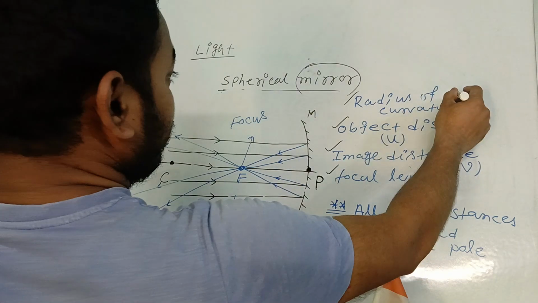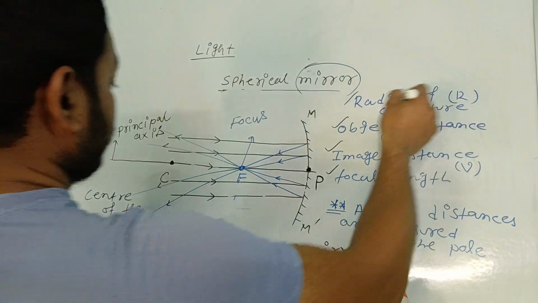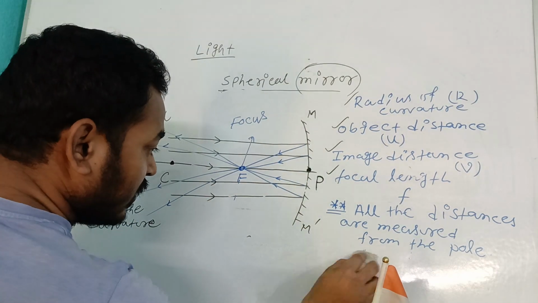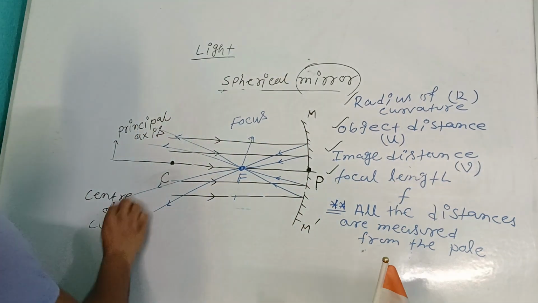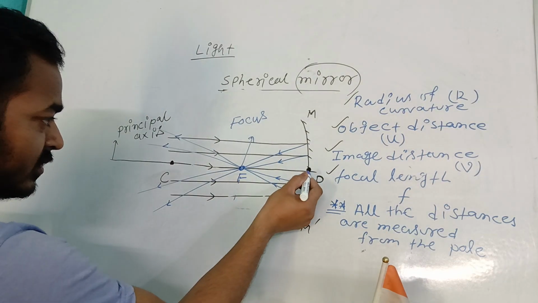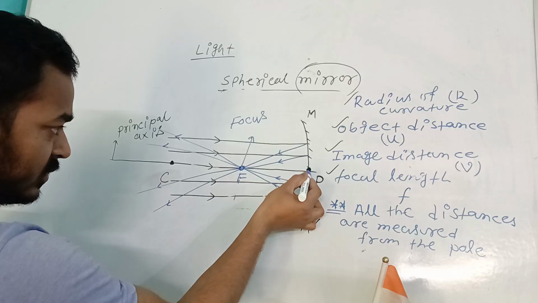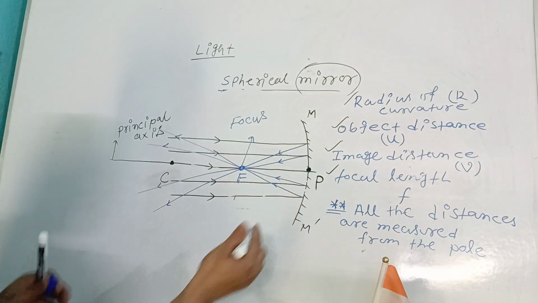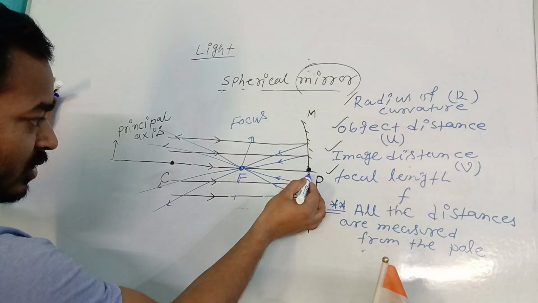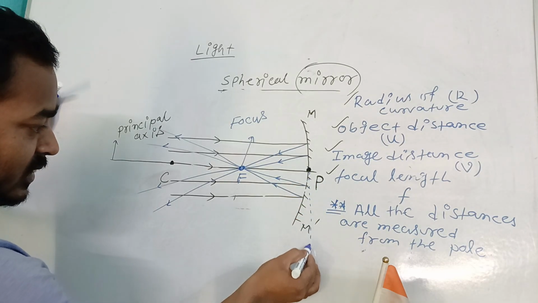Now this is a concave mirror. Pole to focus: this is the pole. From here to here, this distance you have to measure. So now I am using one dotted line to show the scale.